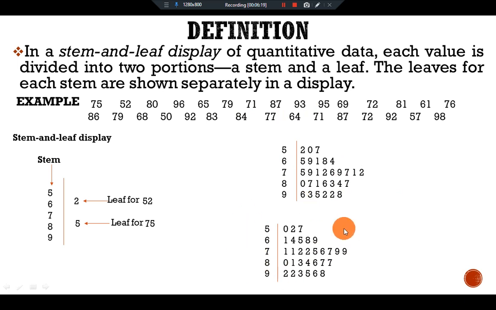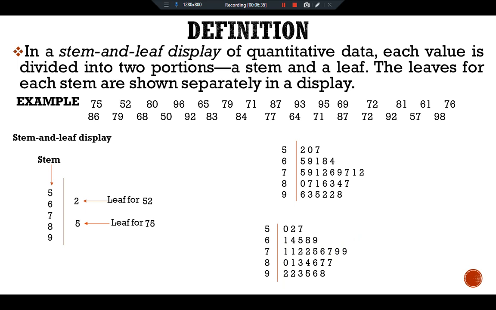But when we are ranking this data, it looks like that. So as we have highlighted, one of the main advantages of a stem and leaf display is that we do not lose information on individual observations.